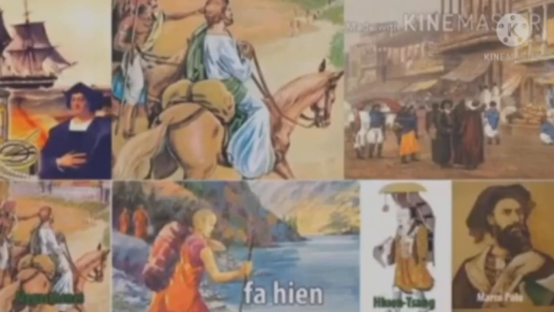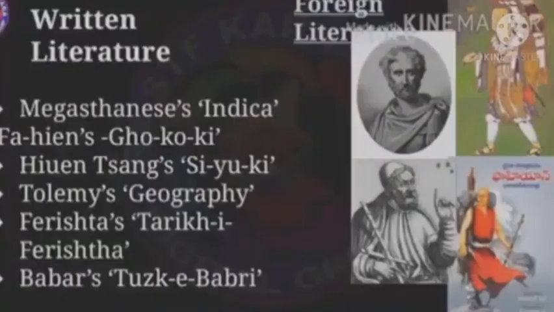In an easy sentence, foreign literature is nothing but literature created by foreigners in a foreign language. Megasthenes' Indica, Fa-Hien's Fo-kuo-ki, Hiuen Tsang's Si-yu-ki, Ptolemy's Geography, Ferishta's Tarikh-i-Ferishta, Babur's Tuzuk-i-Babri, and others are important sources.